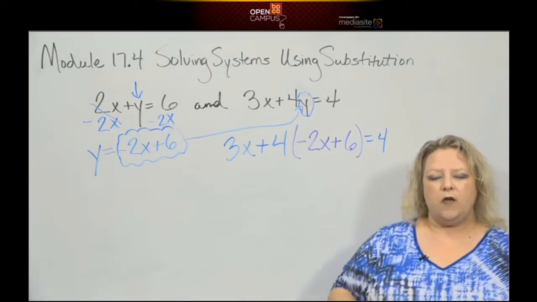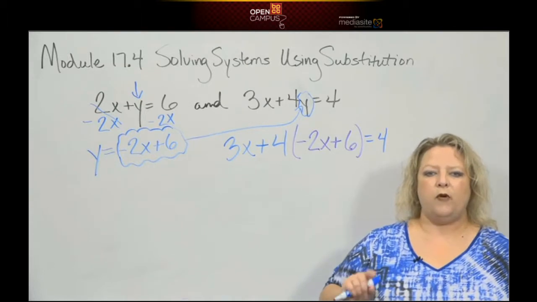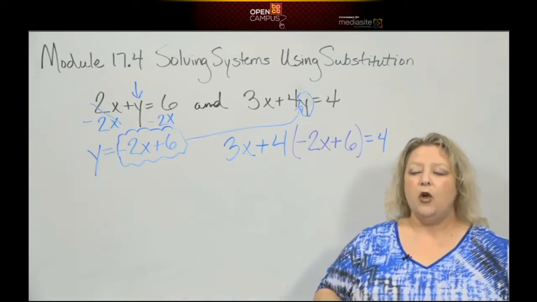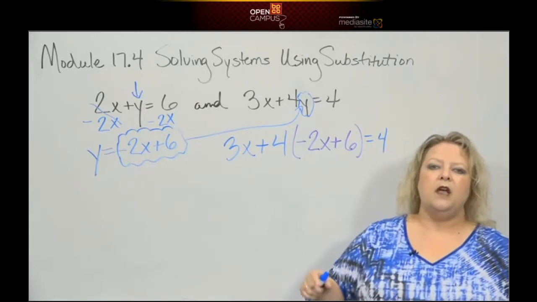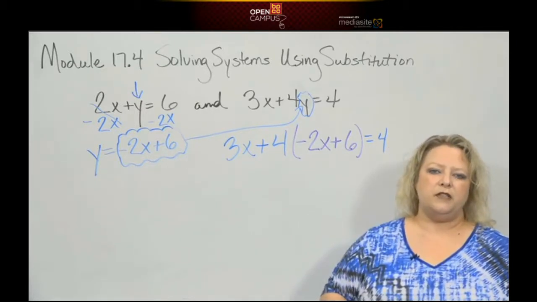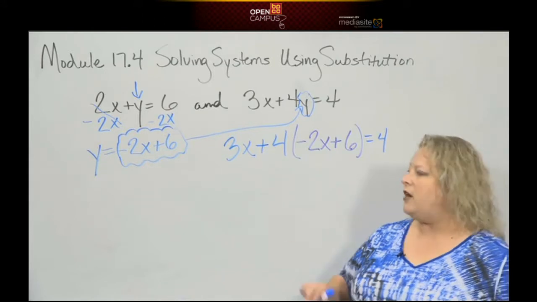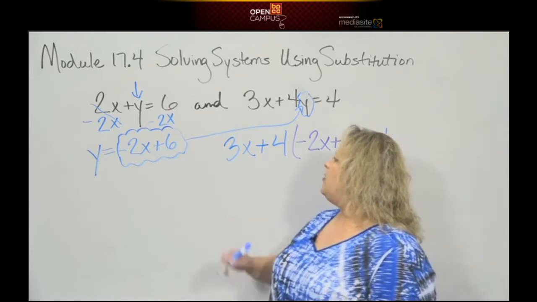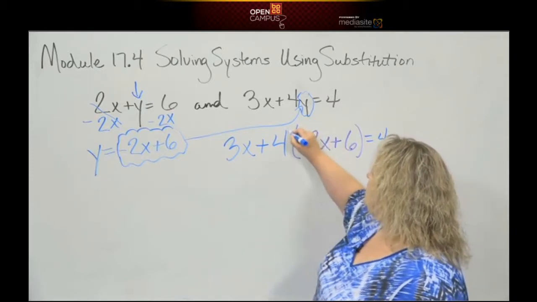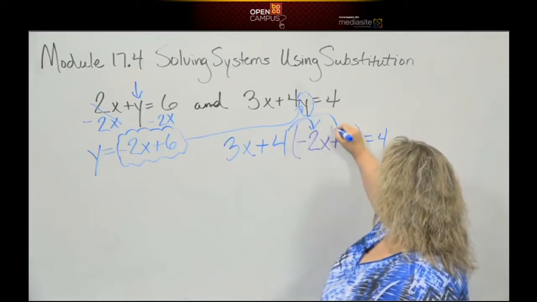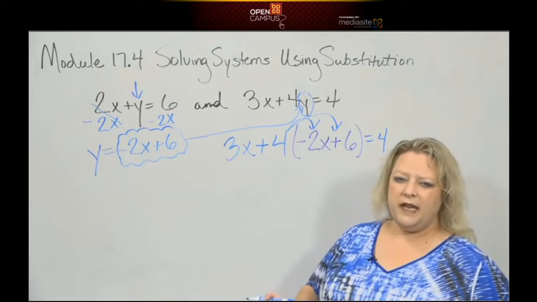When you're solving equations, you can only solve for one variable at a time, which is our whole reasoning behind doing substitution, plus another method I'm going to show you today, which is the elimination or addition method. You can only do one at a time. So once I do my substitution, then it's the distributive property. It's the same old song and dance that we've been doing.